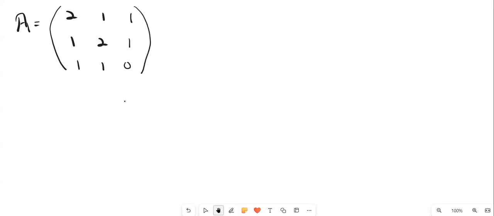And here's where it's going to really get complicated, right? So let's say we take the matrix, let's call it A equal 2, 1, 1, 1, 2, 1, 1, 1, 0. Right? And you have to find a whole lot of things before you can find the inverse, right?